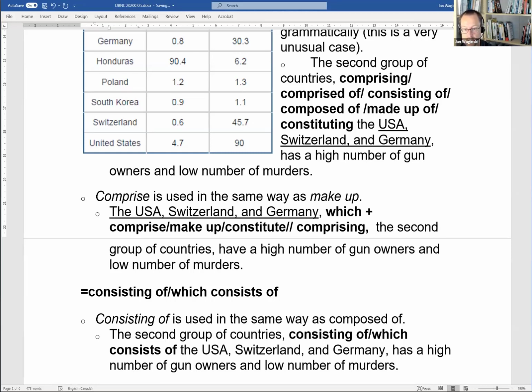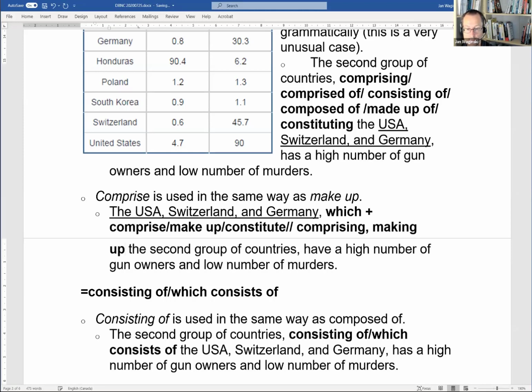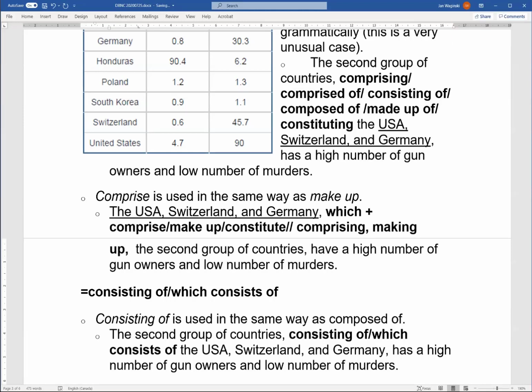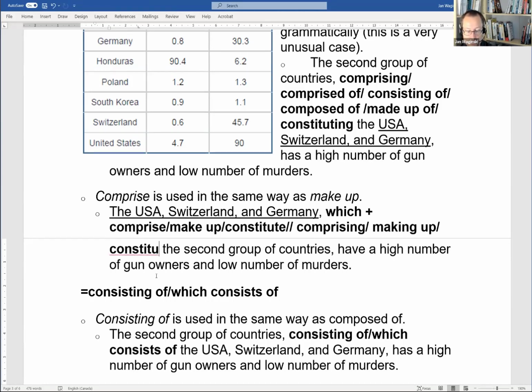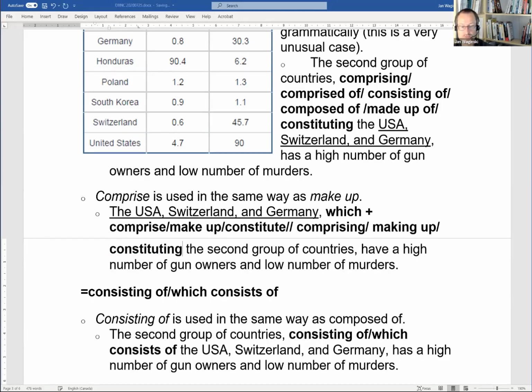Which make up is the same as making up. Which constitute is the same as constituting. That's it. So we are transforming a relative clause, which constitute, into a participial phrase.